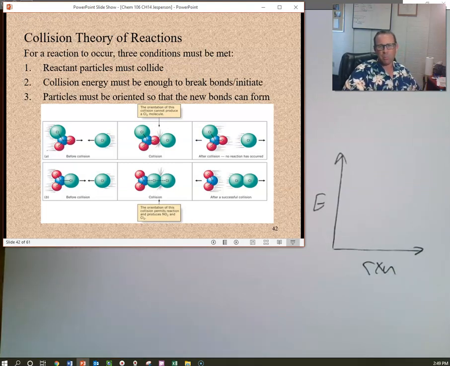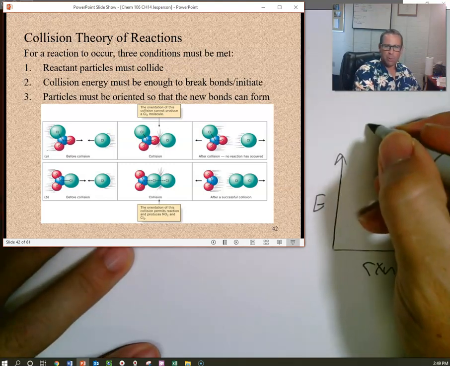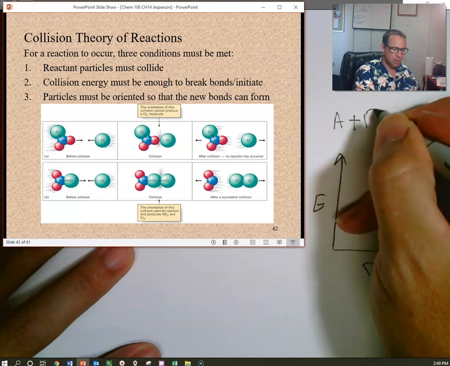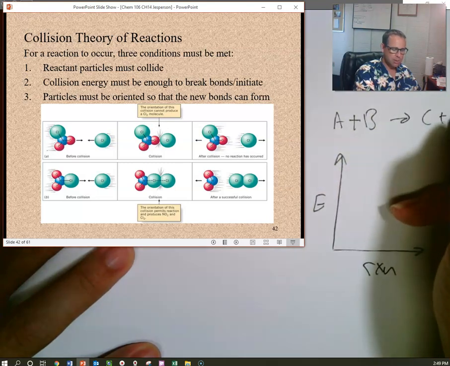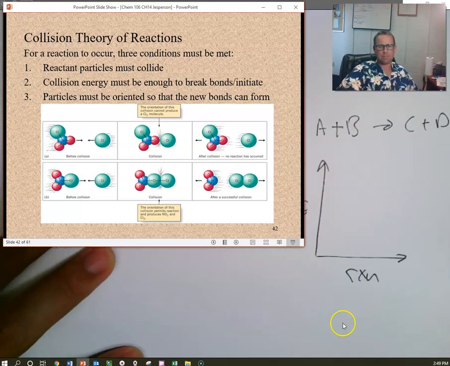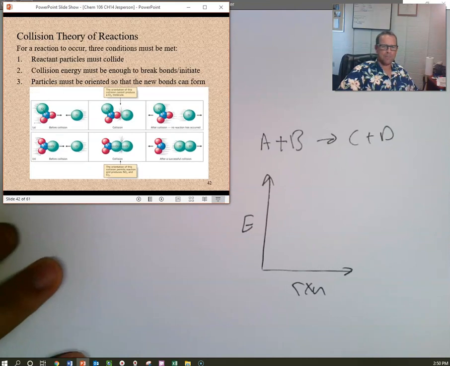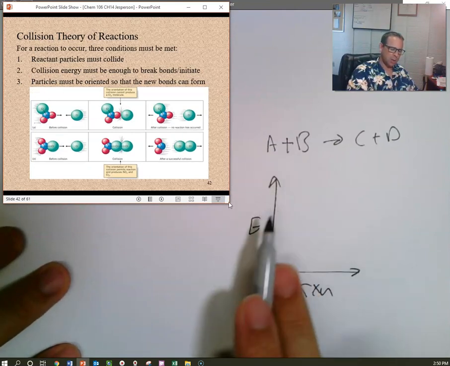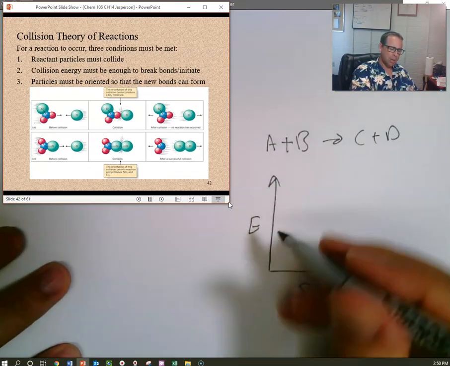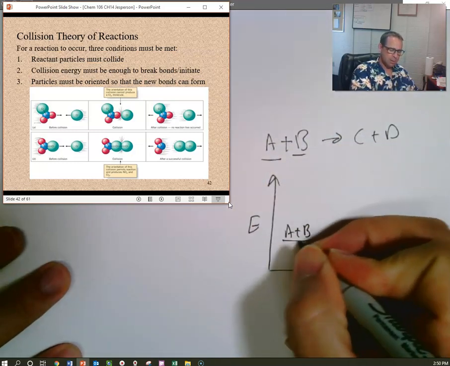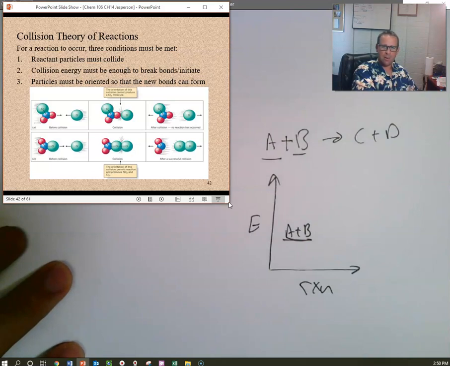And we've said, for example, when we were talking about energy, here's a chemical reaction, A plus B going to C and D. Okay? We've talked about in the past how the collective energies of A and B might be represented there.